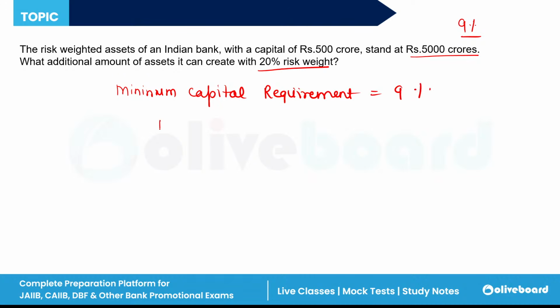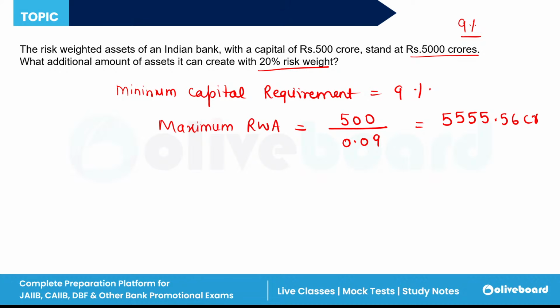So we can say maximum RWA, risk weight asset, is 500 crore divided by this 9%, that we can write 0.09, which is equal to 5555.56 crore.